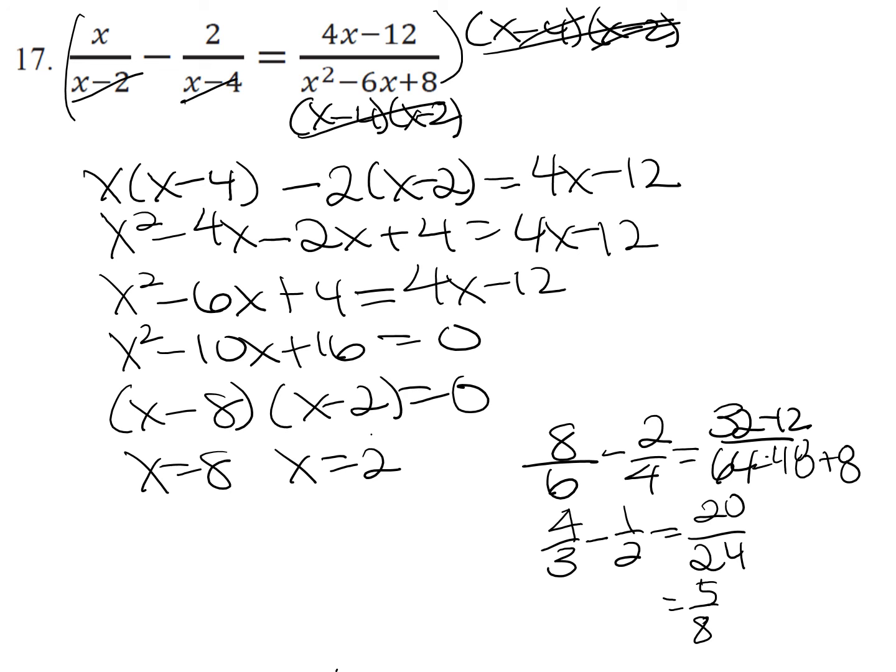Divide by, I don't think so. 5 over 6. Okay, so then I'm going to multiply this by 2 over 2 and this by 3 over 3. That gives me 8 over 6 minus 3 over 6, which guess what is 5 over 6. So the 8 worked.